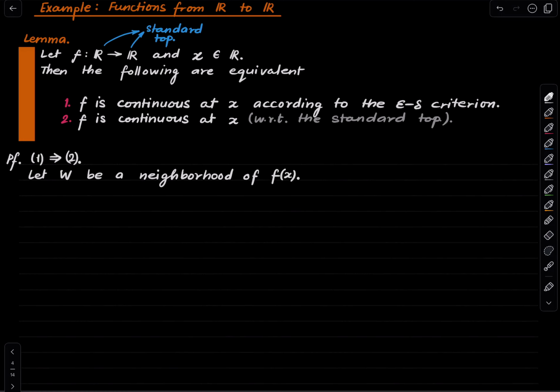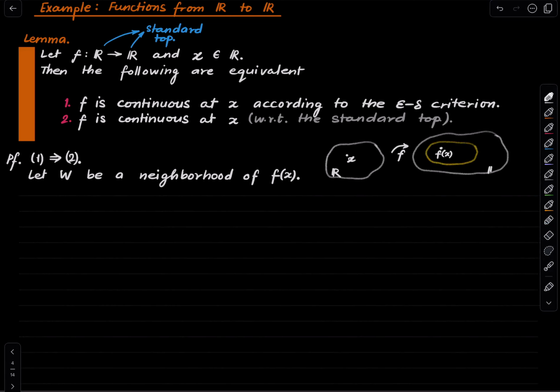Okay, and it's good to draw a picture. So we'll think of the real numbers also as blobs, although that's a very strange way of thinking about real numbers, but it's fine. Right, so what we have is some neighborhood of f(x), which we have called W. All right, what do we want to do?